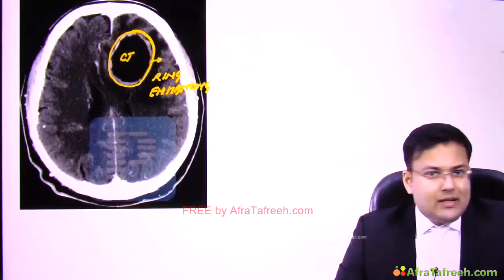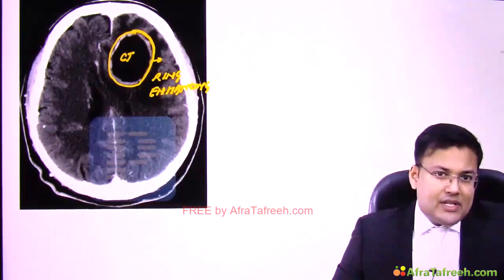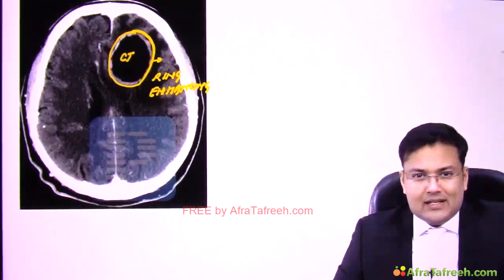Clear? In brain abscess, how are we going to manage it? Simple. We have to drain it and we have to give antibiotics. What kind? IV antibiotics, given for 6 weeks. Second situation, some patients have multiple abscesses. If the patient has multiple small abscesses, in these cases we just give antibiotics.